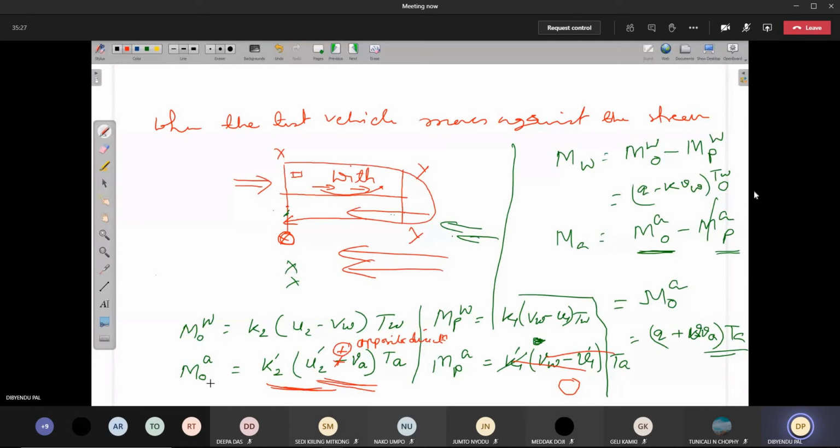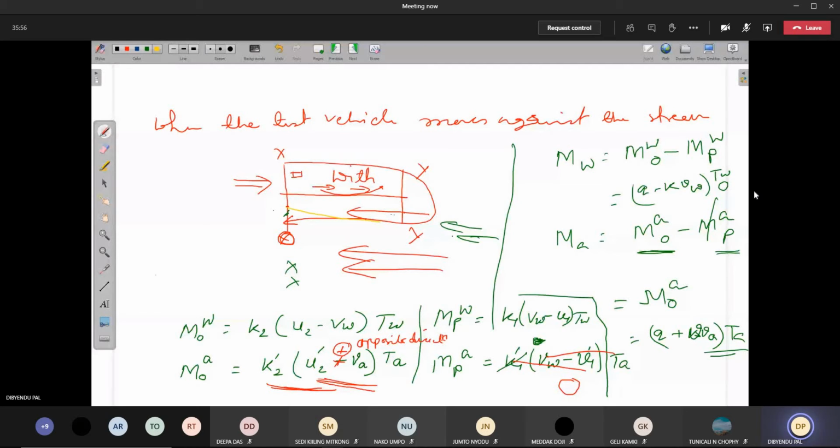Whenever we are calculating the number of vehicles overtaken when the vehicle was moving against the stream, in that case the relative speed will have a positive sign. This part will be not out, 0. As I already said, when you are running in the opposite direction, we are counting the number of vehicles moving in the other direction.